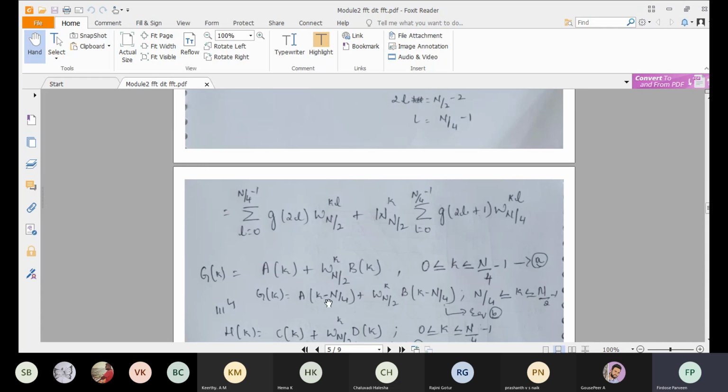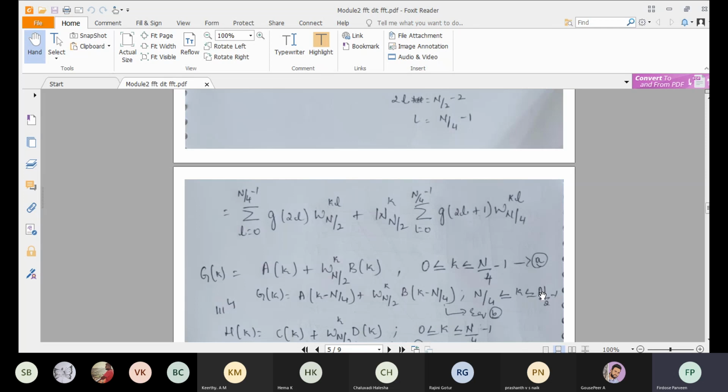For the next, from n by 4 till n by 2 minus 1, it will be a of k minus n by 4 plus W n by 2 of k, that is n by 2 point, b of k minus n by 4, from n by 4 till n by 2 minus 1. What we have done previously for the n sequence, the same thing we are repeating for the n by 2 sequence.